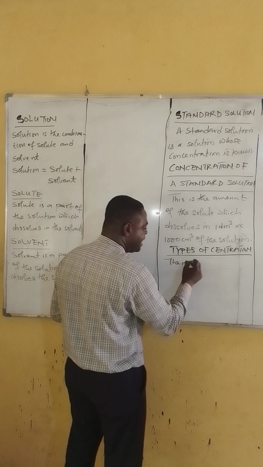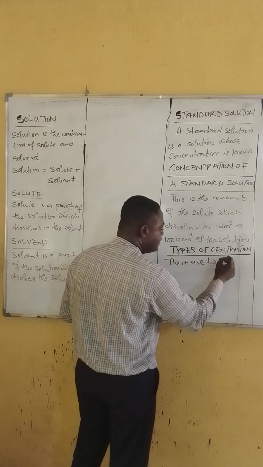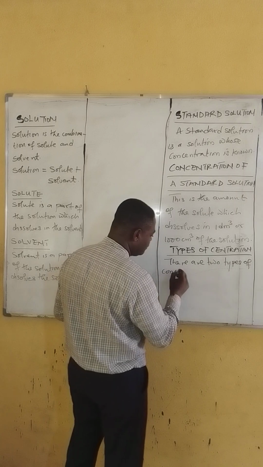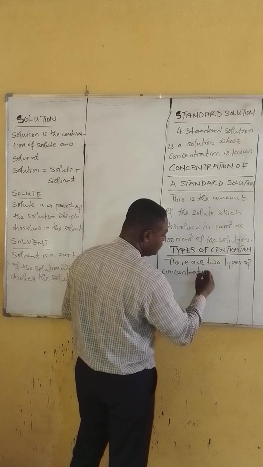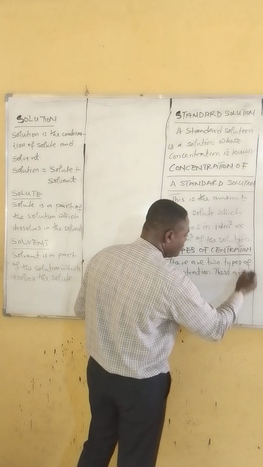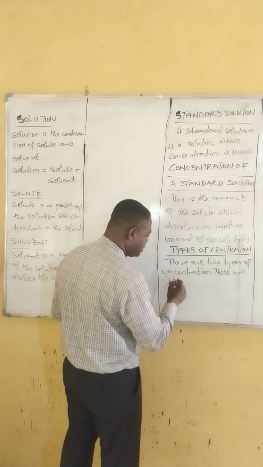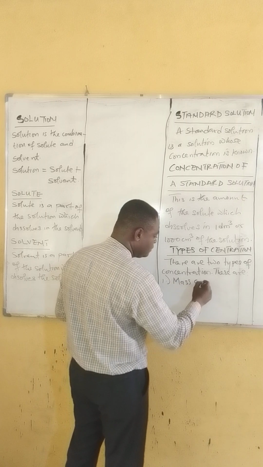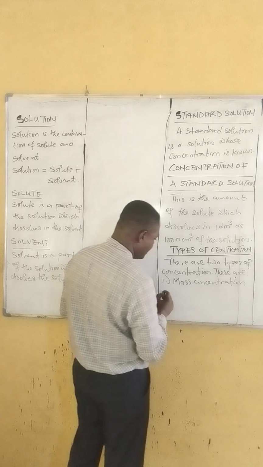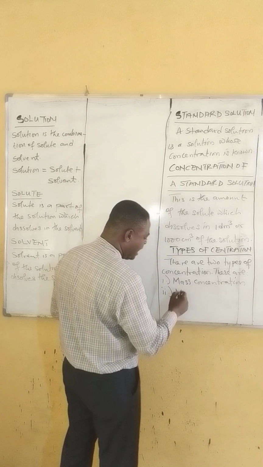Types of concentration. There are two types of concentration. These are, we have mass concentration, and two, we have molar concentration.